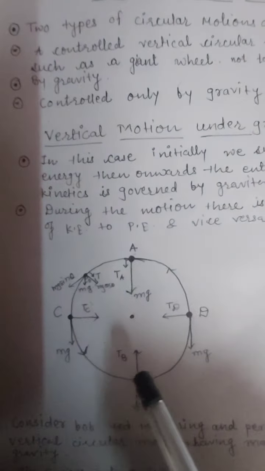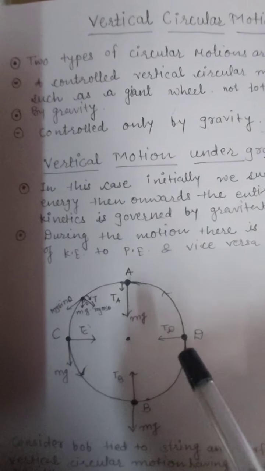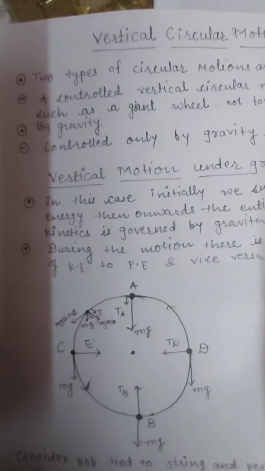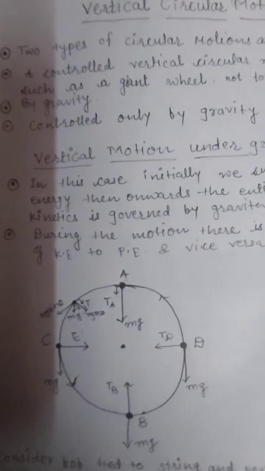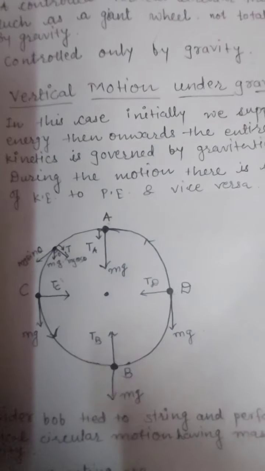Now during its motion, the potential energy is converted into kinetic energy, and kinetic energy is converted again into potential energy. In this way the interconversion is going on.